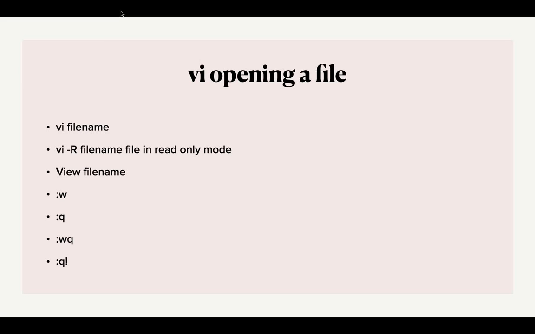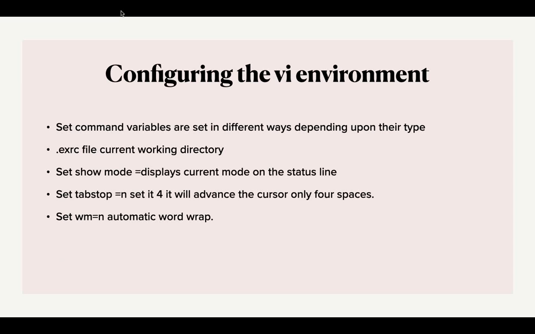So how to configure your vi environment? We have different types of environment setup in vi. Configuring the vi environment can be done in several ways depending on the editor you are using, so that your programming will be easier.